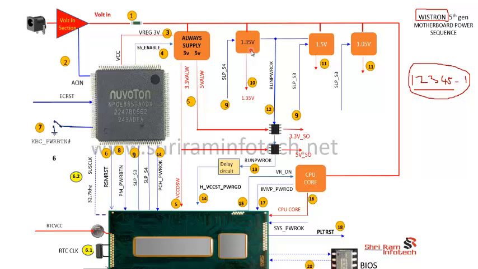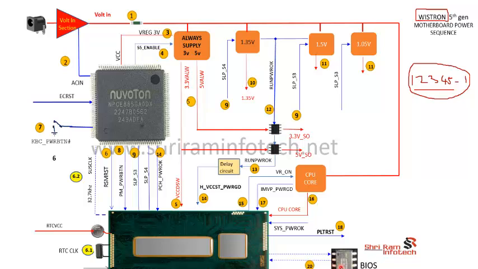Here we are considering our RAM is DDR3L. Then DDR3L requires 1.35 volt, and VTT is 0.67 volt, generated by this section. So these are the buck converters. Then we have the 1.5 volt, the 1.05 volt, and finally the CPU core voltage.